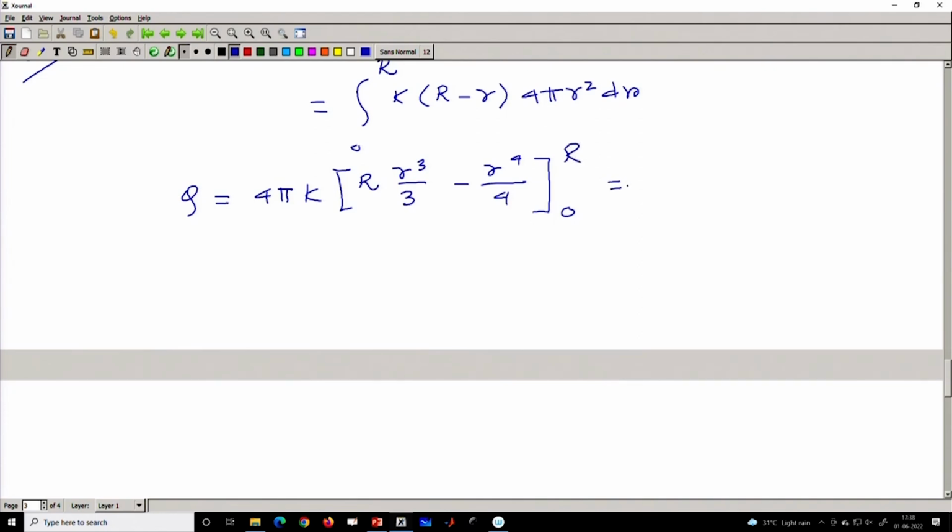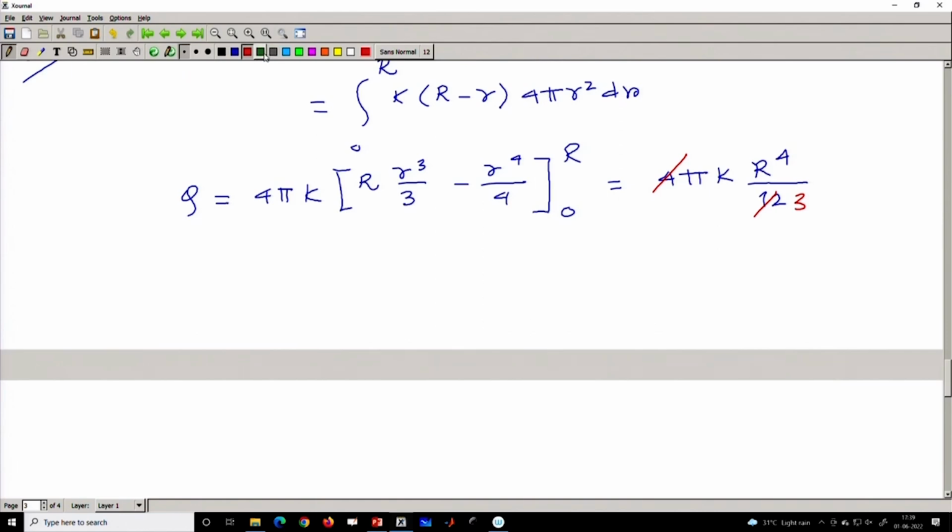And that value is simply, if I put that value R, R cubed divided by 3 minus R to the power 4 divided by 4. So, it should be 4 pi k, and that value is R to the power 4 divided by 12, and this 4 is going to cancel with the 12 and we will have 3 here.